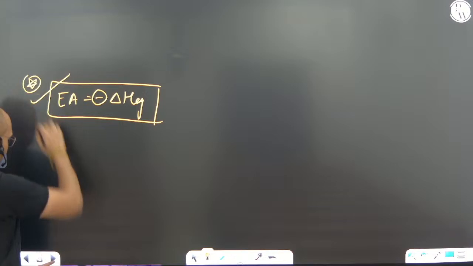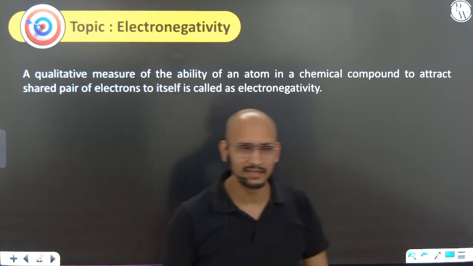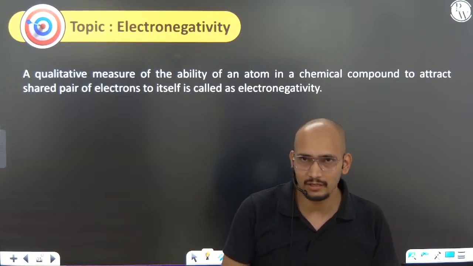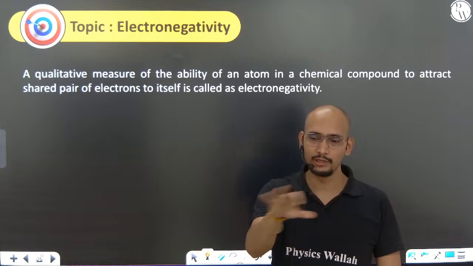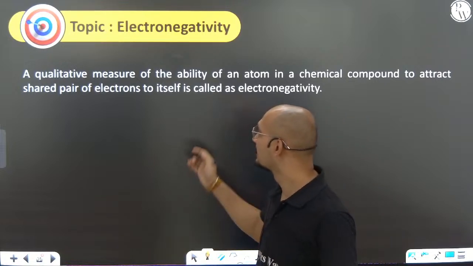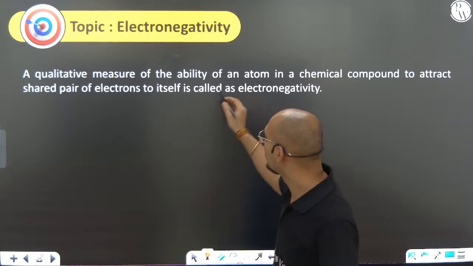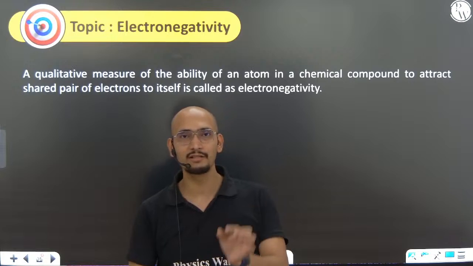Okay, next we are going towards electronegativity. Students generally do not understand it much right now, but we are going to talk about it on the surface, and then solve more questions. Whatever we have studied till now is all for isolated atoms.